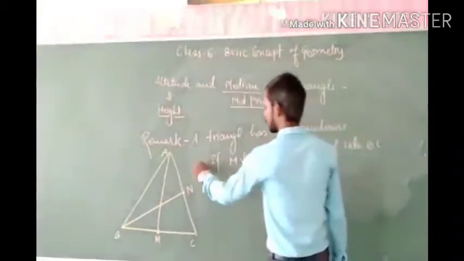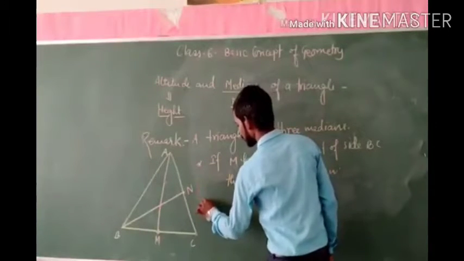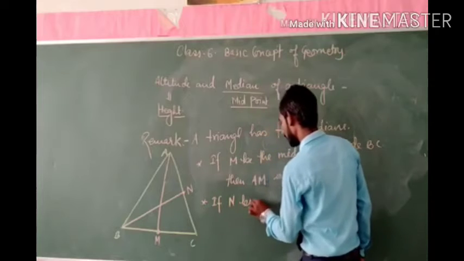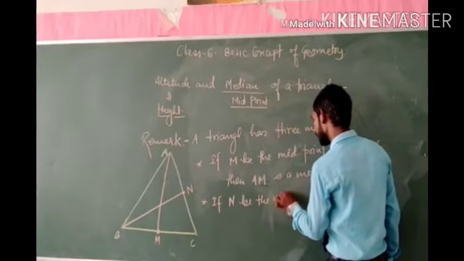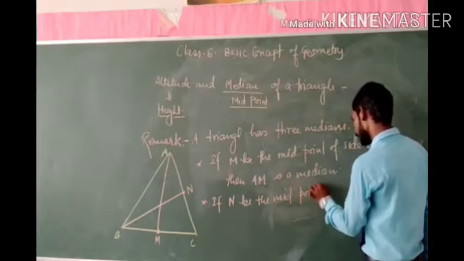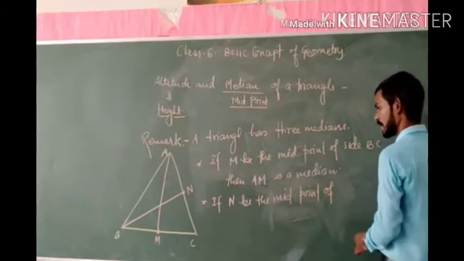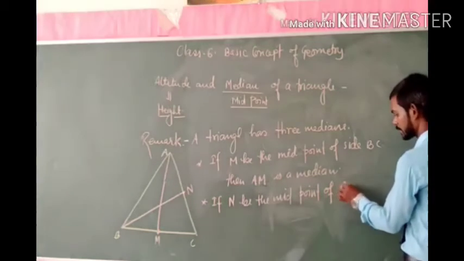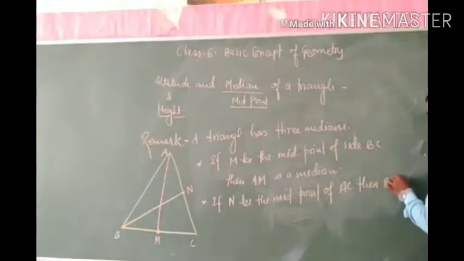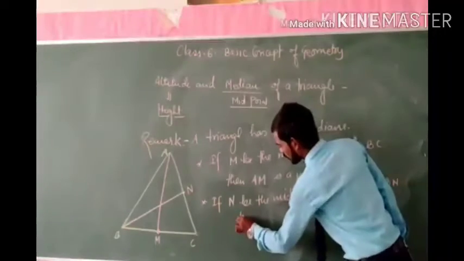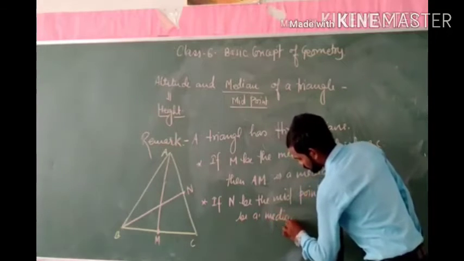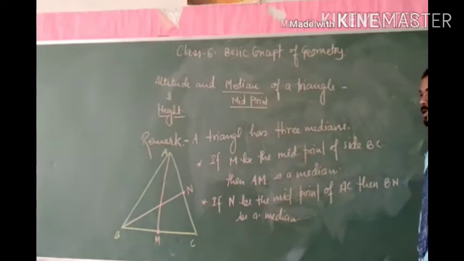So the next point is that if N be the midpoint of the side AC, then BN is a median.